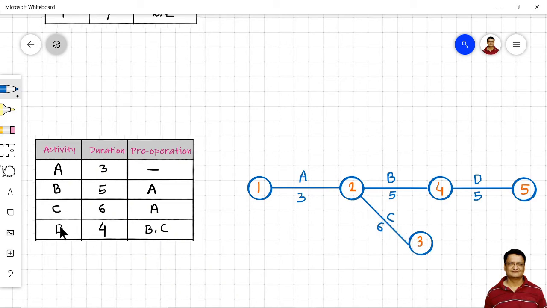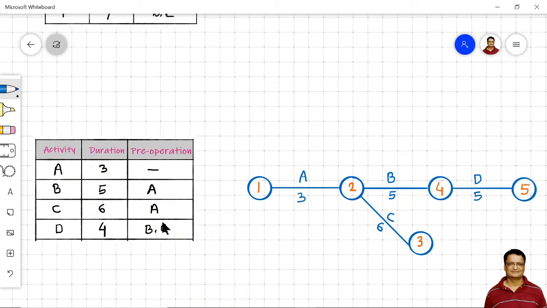Now one more activity is given, and that is activity D. It is told that to start activity D, activities B and C must come together. As you can see, B and C have the same starting point and they cannot have the same ending point.